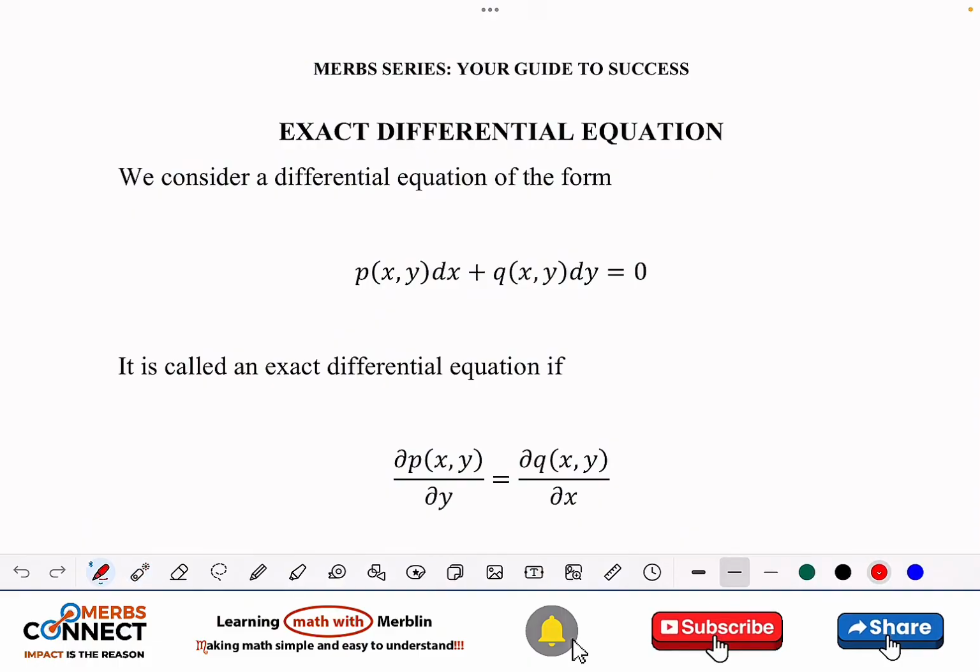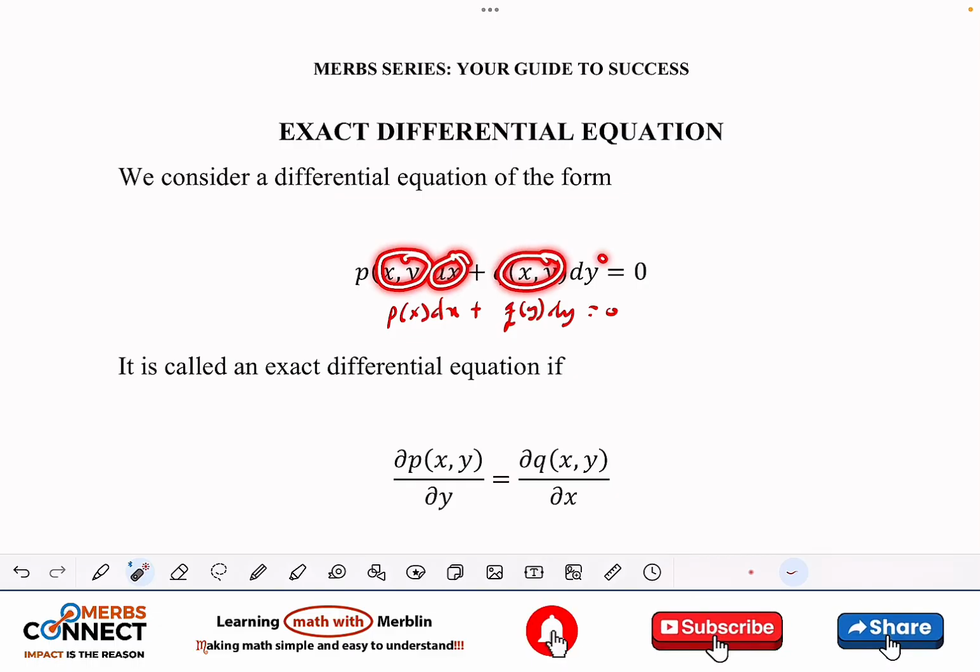What is this? Is this different from the homogeneous? Yes, this is different from homogeneous because separable will be like p of x dx plus k of y dy. So you see that this is separable because only x goes with the x, only y with the y. But this one is xy with the x, xy with the y. So that is the only difference here, right?